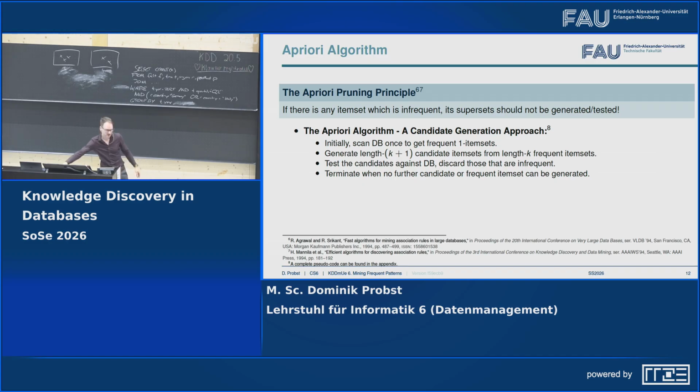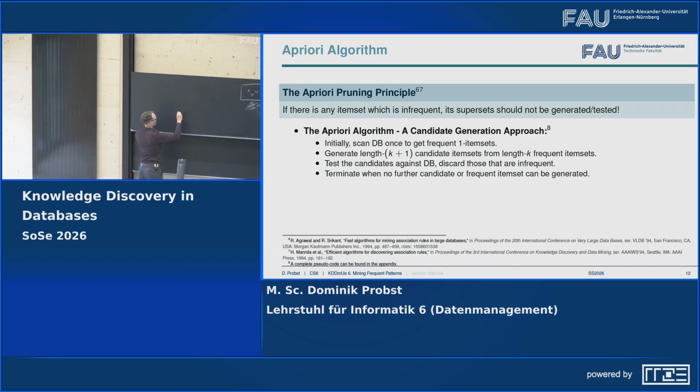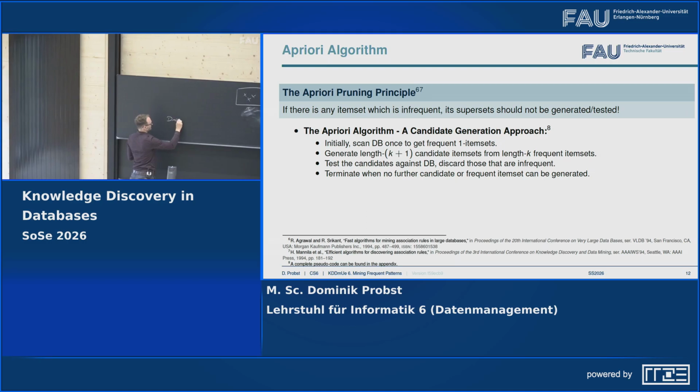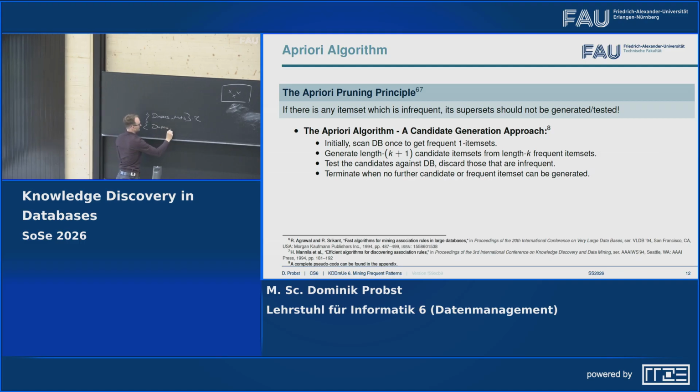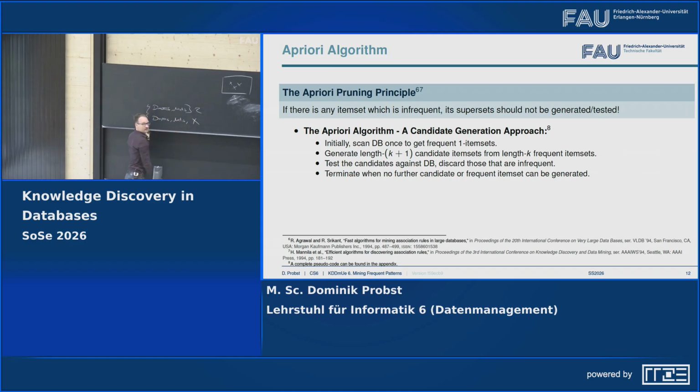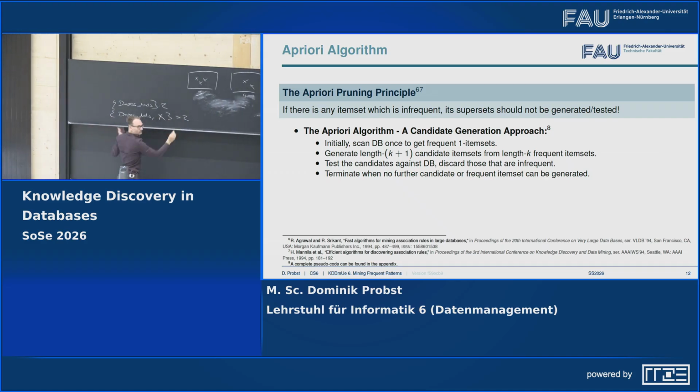So if we know that in our example diapers and nuts as a 2 item set occurred 2 times, we know that diapers, nuts, and any other item can't be above 2.